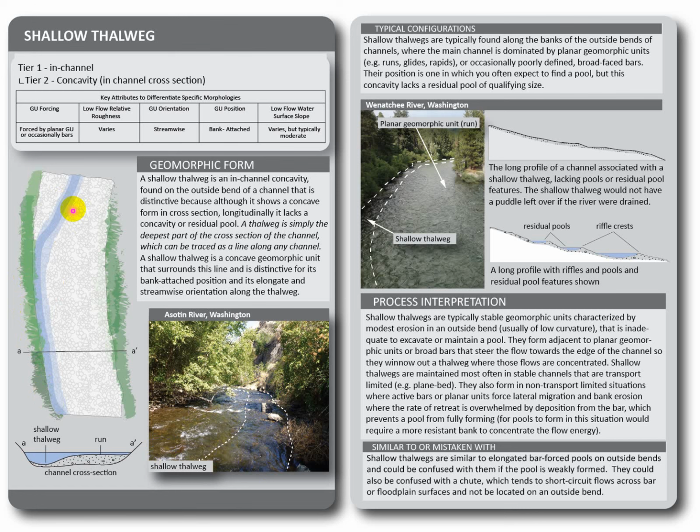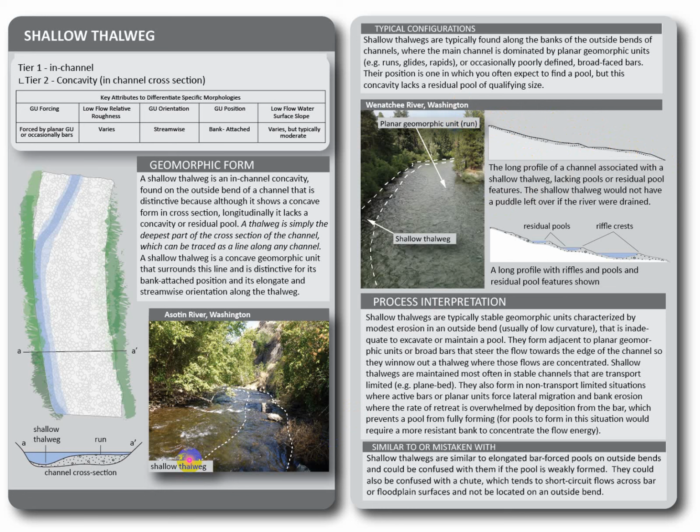So it's on the outside bend. It's a place where you'd expect a full bowl or pool to develop, but it doesn't, and you have these kind of uniform profiles. That's actually a really common unit, especially in degraded rivers.